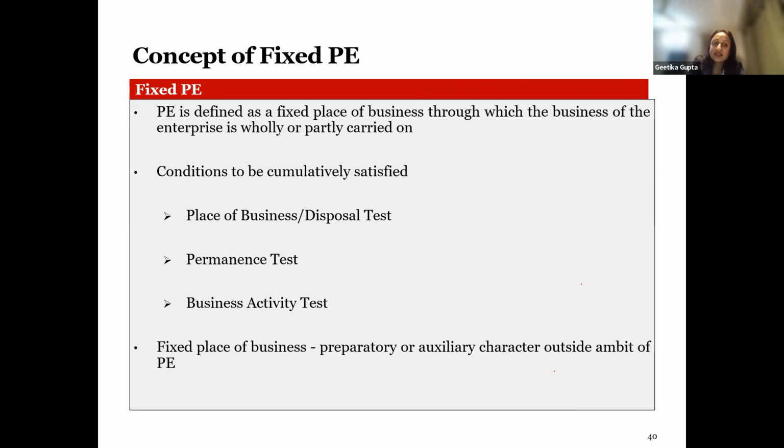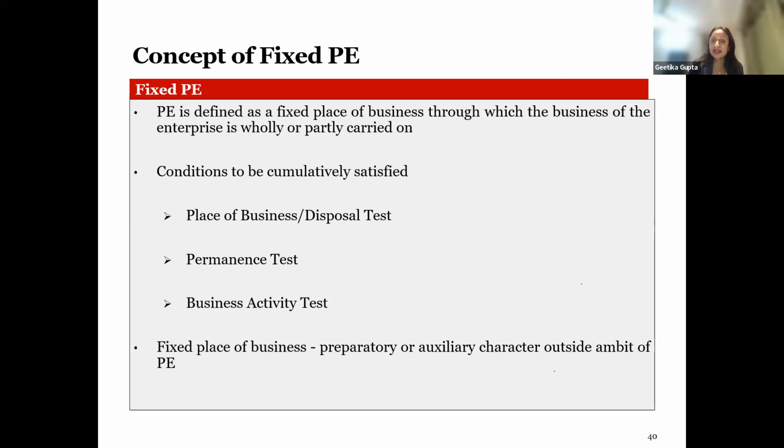The three conditions of meeting this test of PE need to be cumulatively satisfied before advising the clients, like whether you have a fixed place in India or not. Then it's important to see what is the activity the foreign company is carrying on in India. Is it a revenue generating activity? Is it carrying on the business activity? Is it meeting the threshold test?